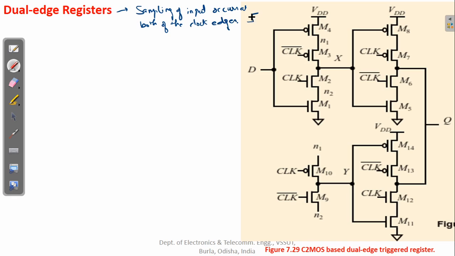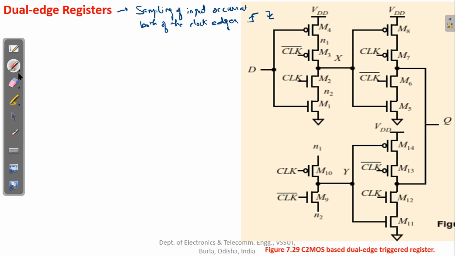That is, it occurs at the rising edge as well as at the falling edge. Okay, so when sampling or the capturing of input occurs both at the rising edge and also at the falling edge, then that particular circuit is known as this dual edge type resistors. Okay, and this is the circuit.